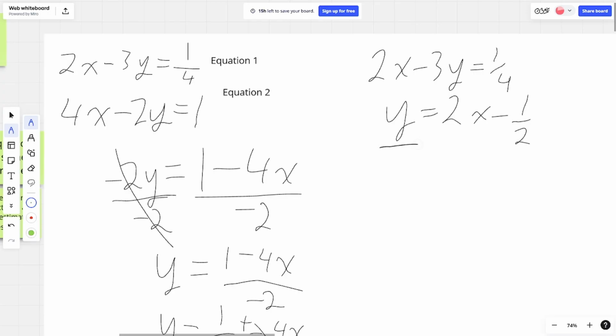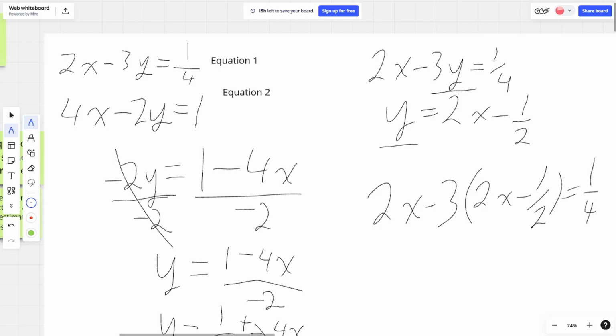Since y is in our second equation and y is also in our first equation, this will be 2x minus 3 in the brackets 2x minus 1/2 is equal to 1 over 4. Now we'll simply distribute the minus 3 into our terms 2x and minus 1 over 2, which will give us 2x minus 6x plus 3 over 2 is equal to 1 over 4.